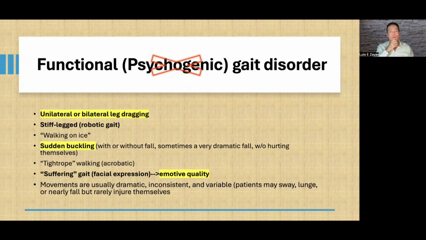So when we talk about gait, walking disorder, this is the typical type of gait that you see. First of all, you need to know what is normal. And there's no better professional than a physical therapist to know what a normal gait is, right?